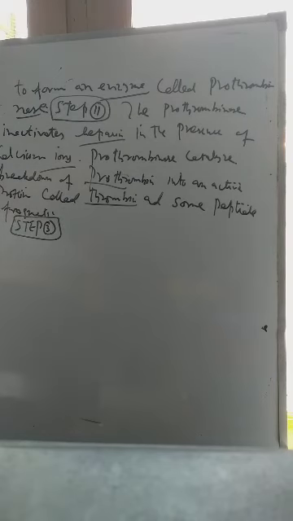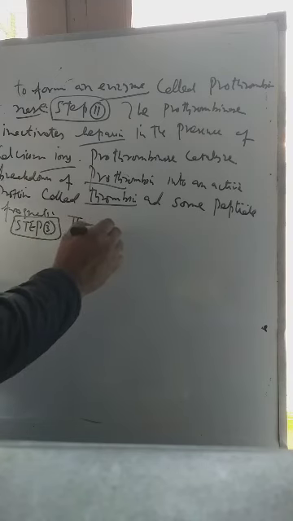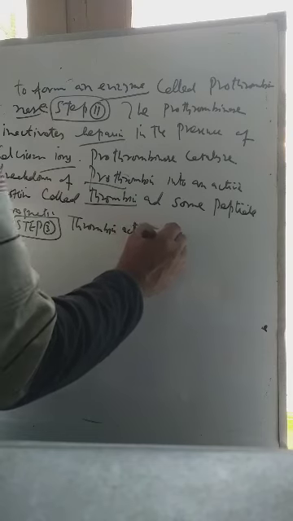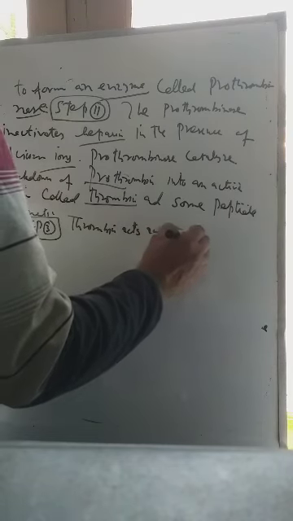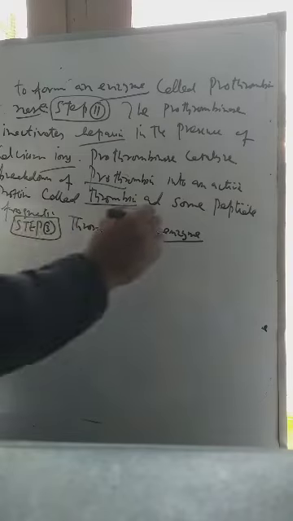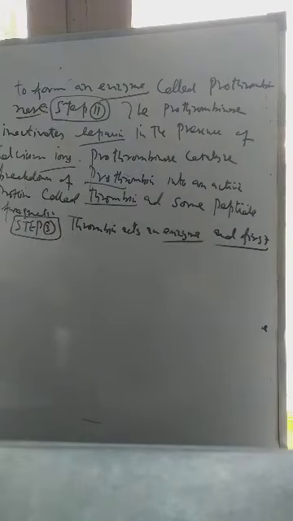The third step is that thrombin acts as an enzyme and first brings about depolymerization of fibrinogen.